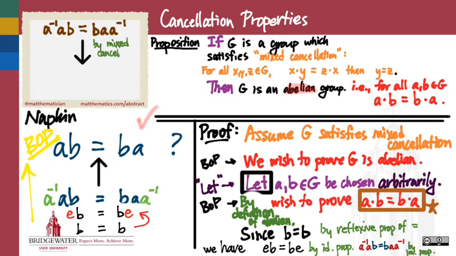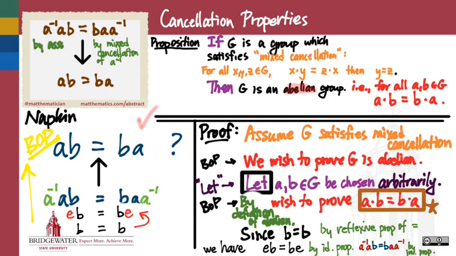and why did we know mixed cancellation applied? That was an assumption, exactly. But when I do that mixed cancellation, I get AB equals BA. But I'm going to add that one more byline, right?